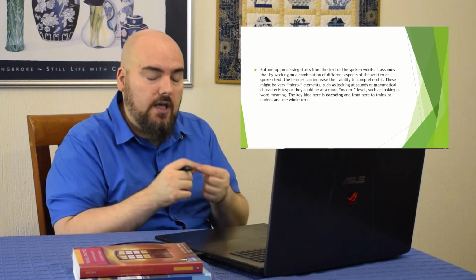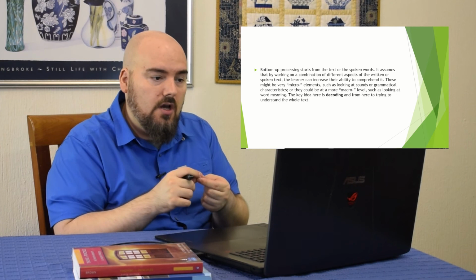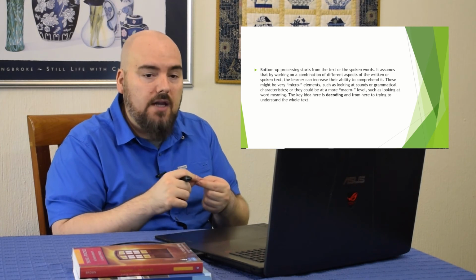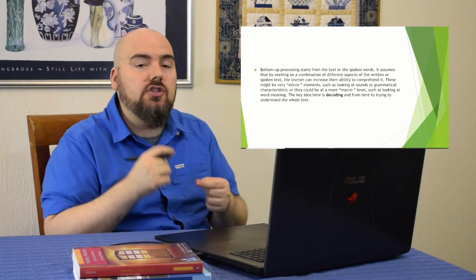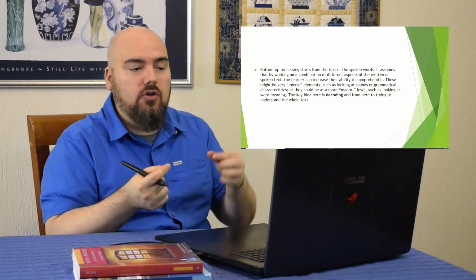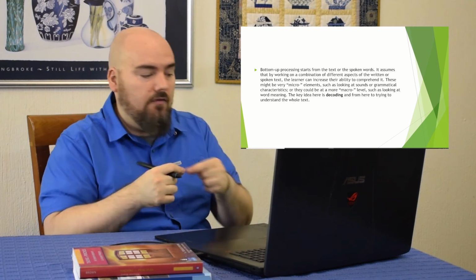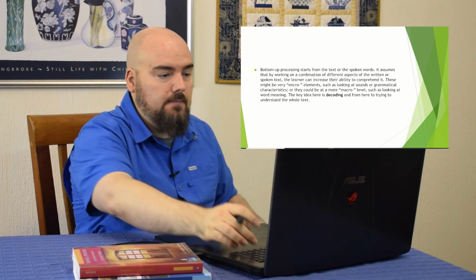You're just looking at these individual elements to get more information, and that information is later going to help you to understand the whole text. But you're fishing for this information, okay?